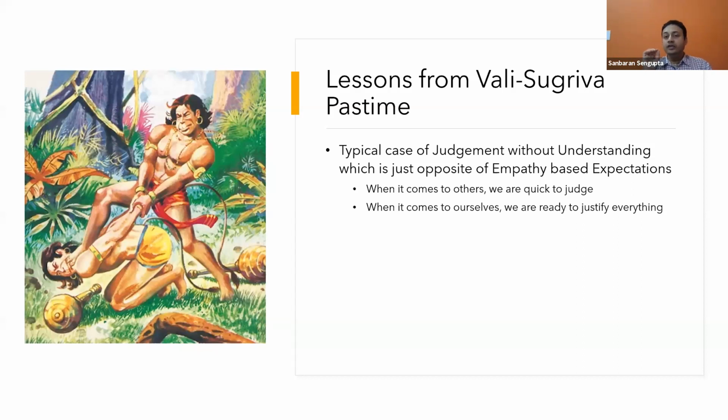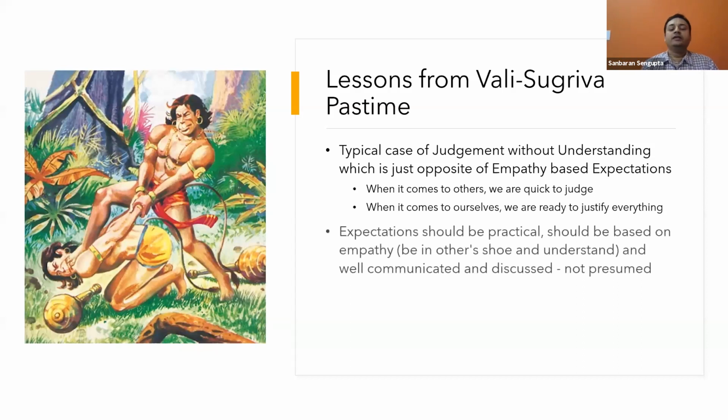And if I fail to do something, "Yeah, I know, but I needed some help. This was not right. That was not right. The circumstance was not right. I didn't have the resources." Various kinds of justifications come out. That's our problem, my dear friends. We live a life without empathy towards others.